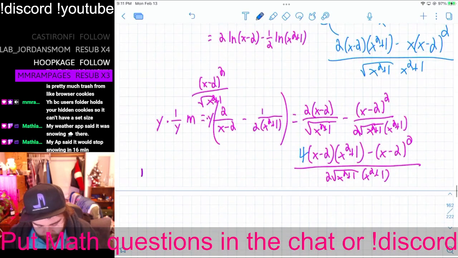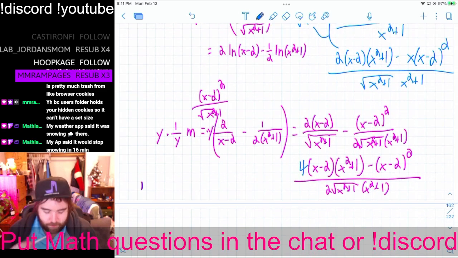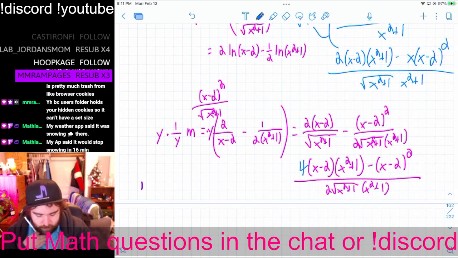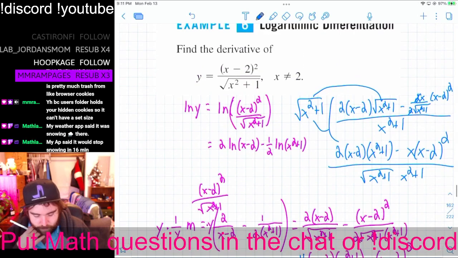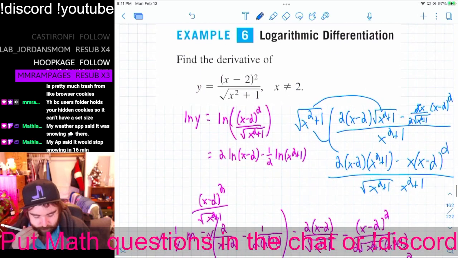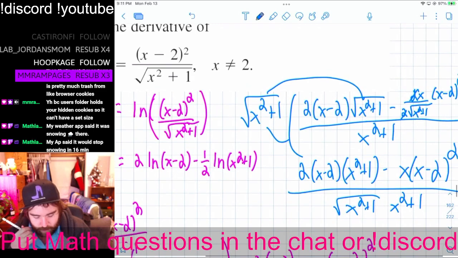I mean, I don't know which one I trust more. Well, I already saw I made mistakes in this bottom one. It would just need the 2. It ended up becoming 4. But here the 2 cancels. I trust this more. Let me look it over.